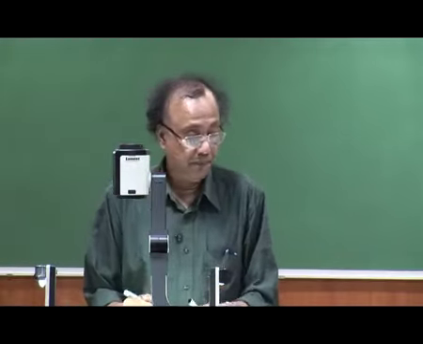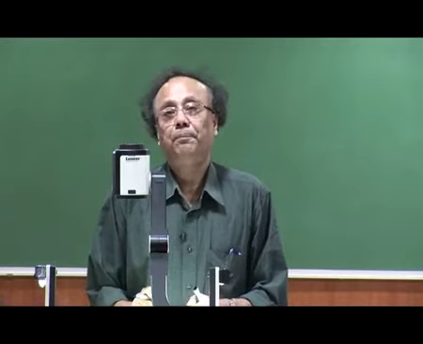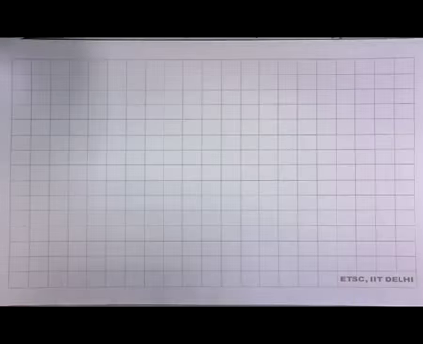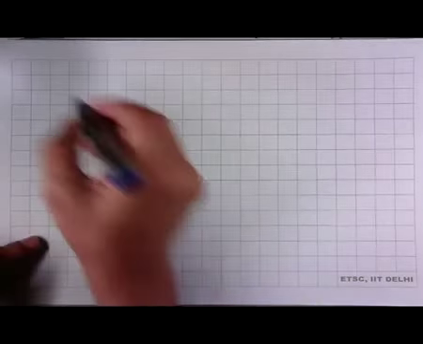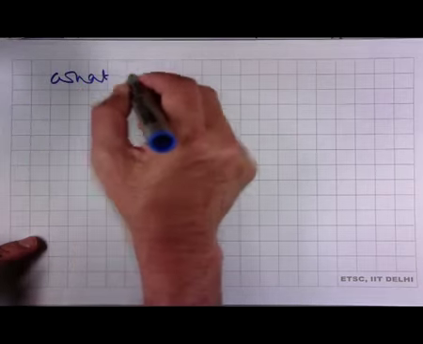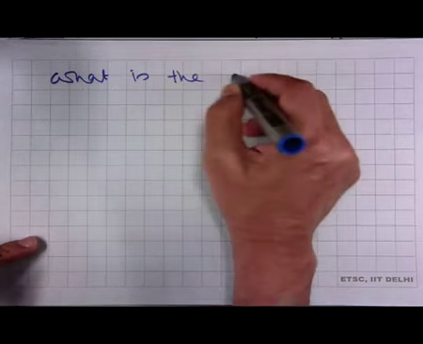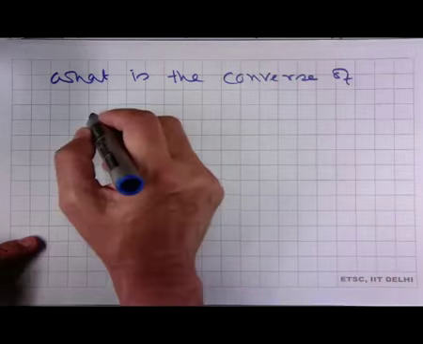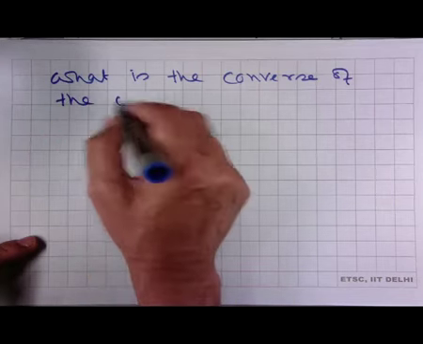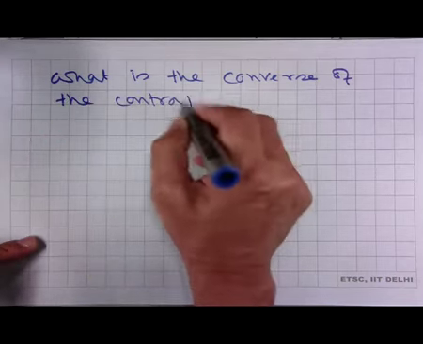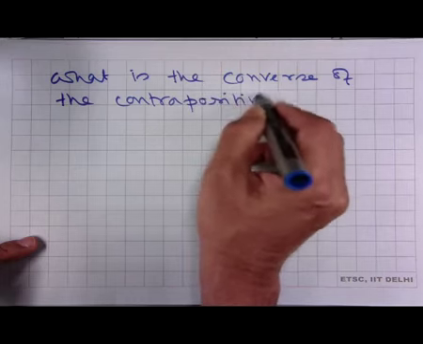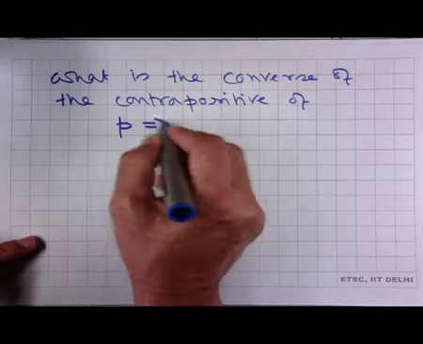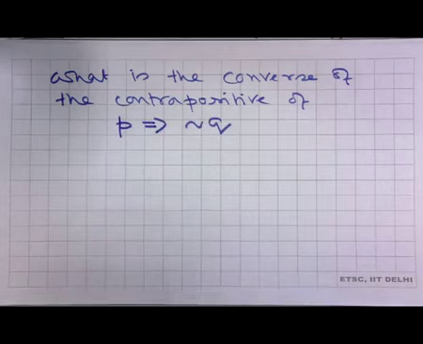Now, let us look at if P and Q are equivalent. Now, let us look at a simple example. What is the converse of the contrapositive of P implies not Q?